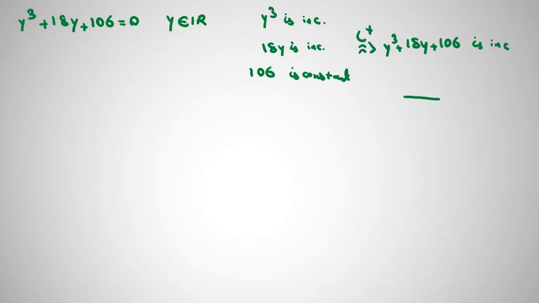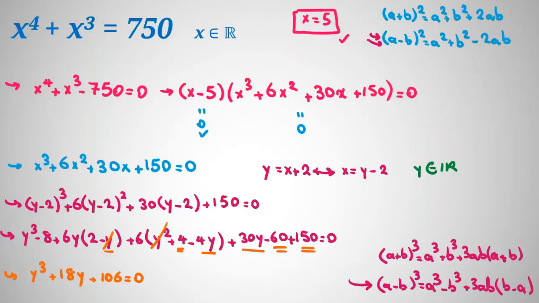Considering the x-axis, as y approaches infinity, the function approaches positive infinity. As y approaches negative infinity, the function approaches negative infinity, and it is always increasing. So it has only one real root. We should find the only real root that satisfies y, and after that we can find x by replacing x equals y minus 2.